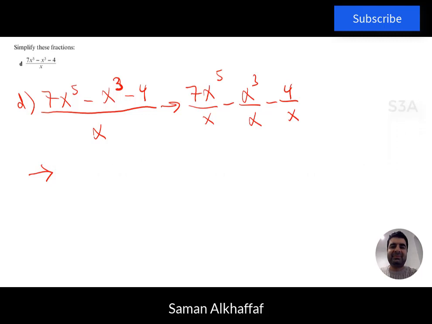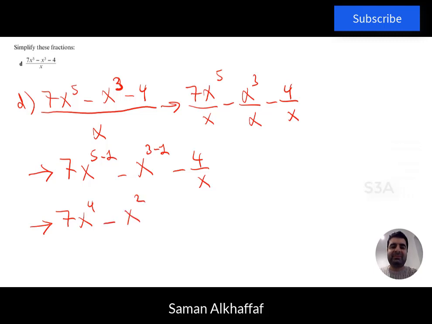So in this scenario, it can be represented in the form of 7x to the power 5 minus 1 minus x to the power 3 minus 1, and then minus 4 over x, or it can be written as 4x to the power of minus 1, or we can keep it as it is at the moment. And then we simplify the rest of the expression to 7x to the power 4 minus x to the power 2 minus 4 over x, and this will be our answer.